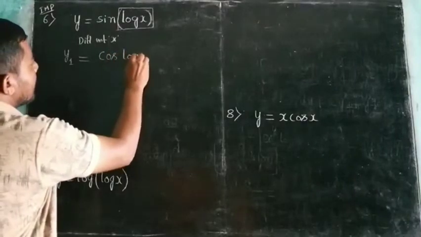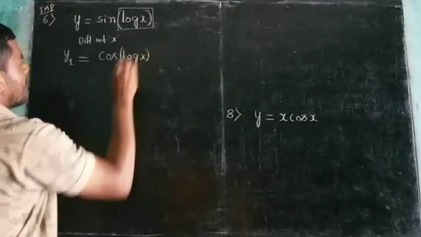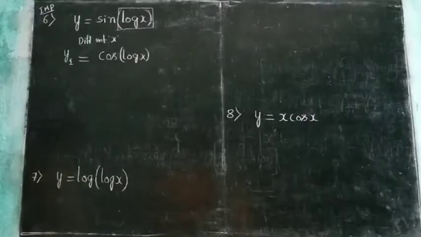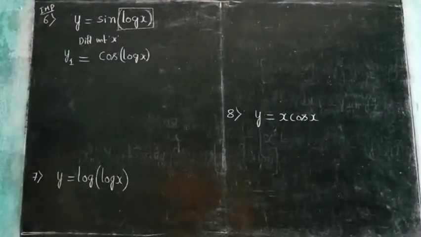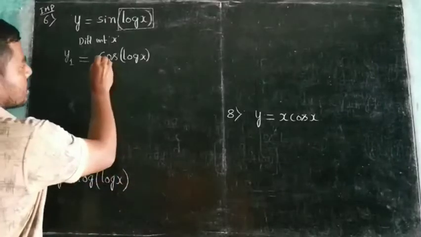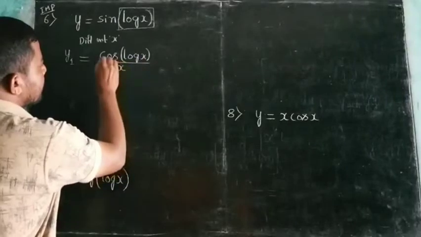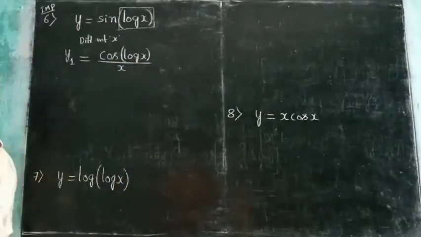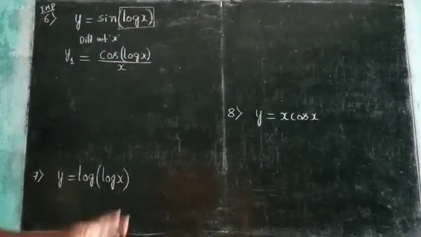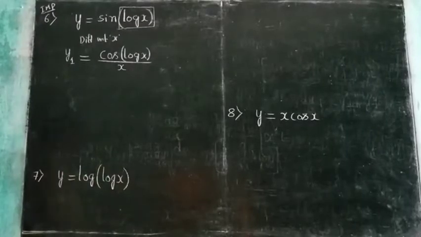Dabba is nothing but log x. Cos dabba into d by dx of log x. What is the derivative of log x? 1 by x. So 1 by x can be written as all divided by x, because in the numerator we have 1 into cos of log x, divided by x.